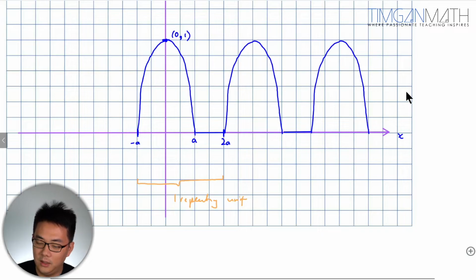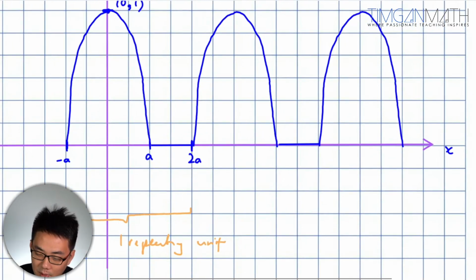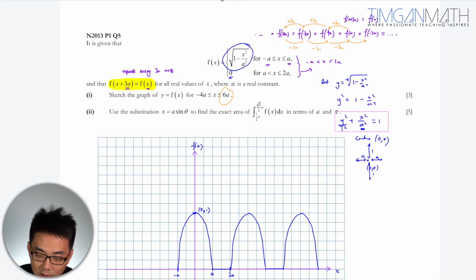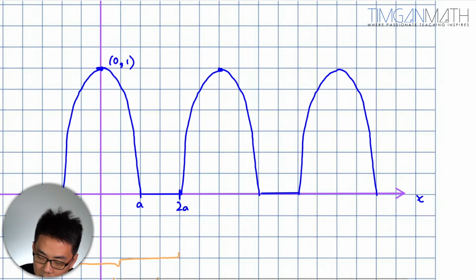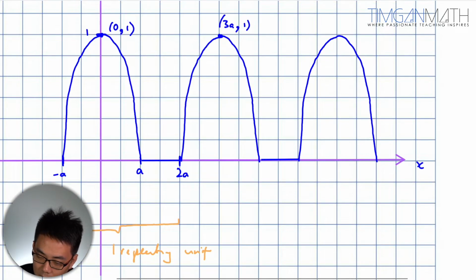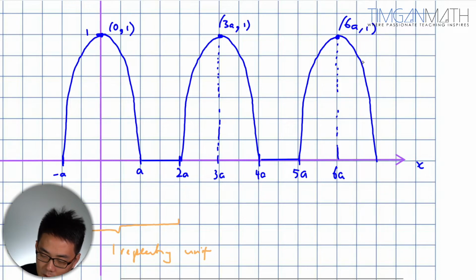Okay, we need to stop at 6a, so we need to cut off certain part of the graph, I think. So this is 3a. This is 3a, 1. This is 4a. This is 5a, and this is 6a. And 6a, 1. Erase it down.